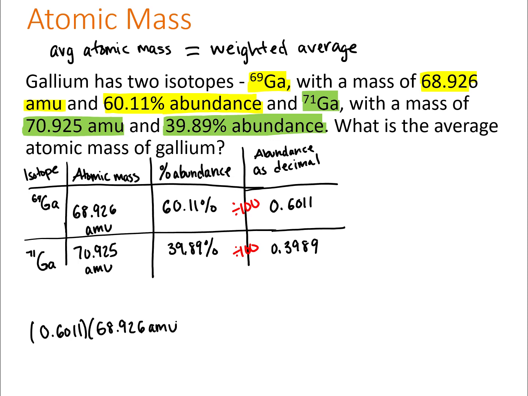I like the table because it helps you organize which atomic mass goes with which abundance. So that's the contribution to the average atomic mass from gallium-69.